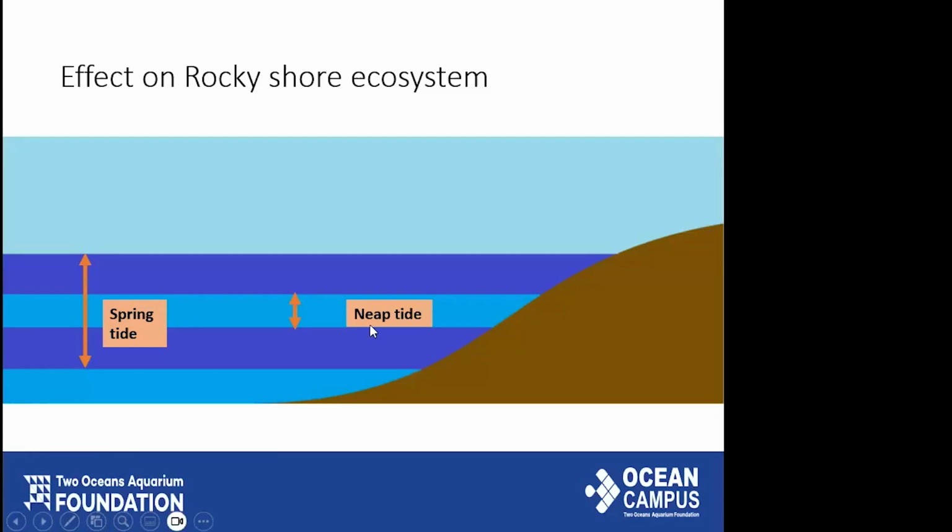But that has a great impact on the organisms that we find in this rocky shore ecosystem, because you'll find that they are situated in various bands on the rocky shore intertidal zone, depending on how they can cope with those different conditions.